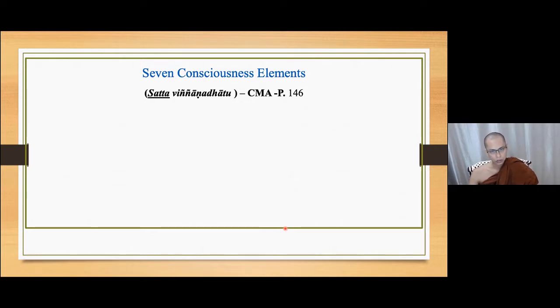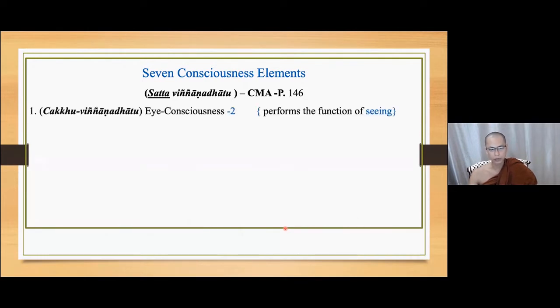There we have taken out the 7 elements related to the consciousness. So according to the classification of elements, the consciousness is classified into 7 groups, 7 types. So chakkhu viññāna dhatu, here the word dhatu is element.